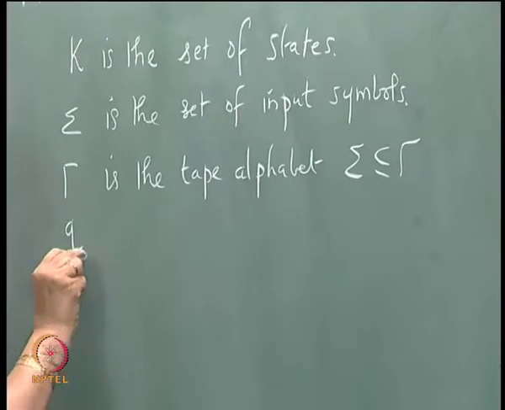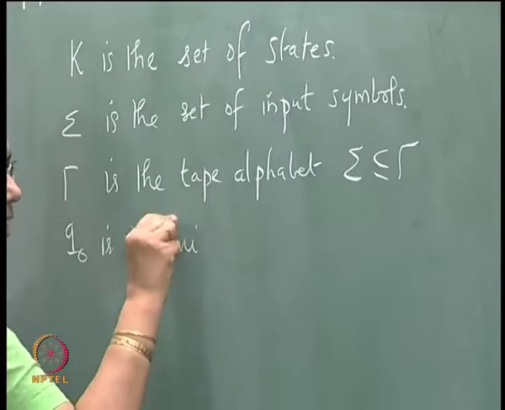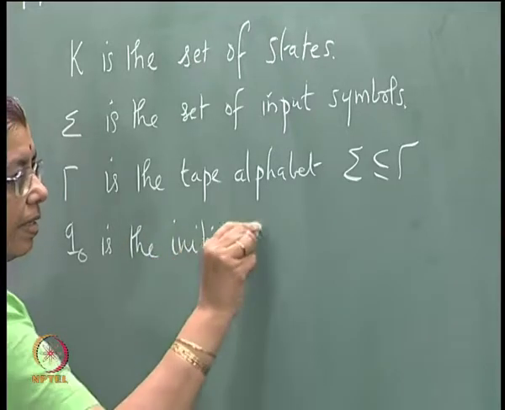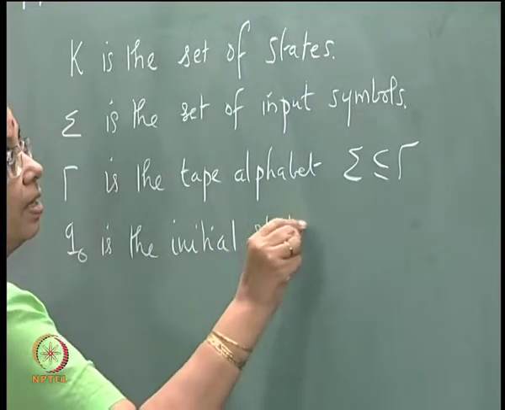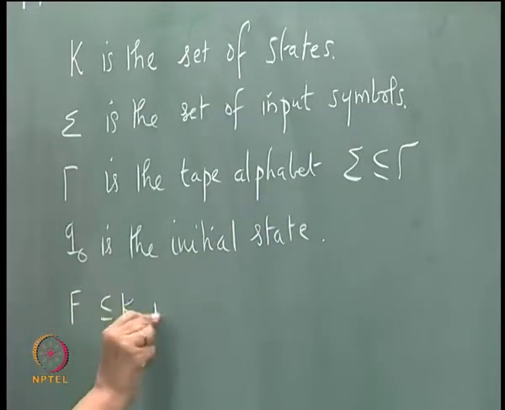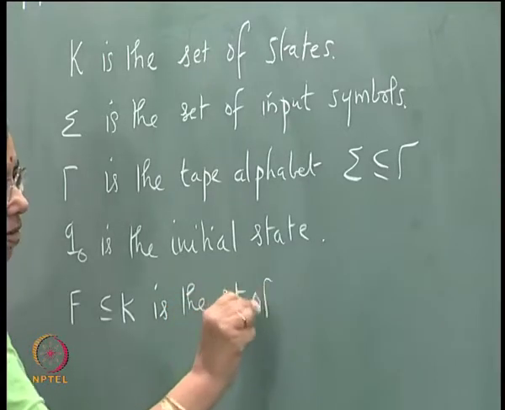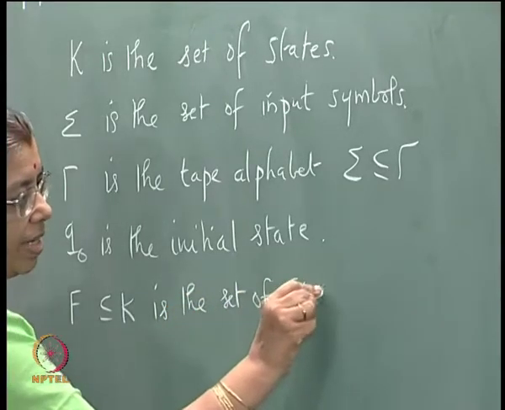q naught is the initial state, F contained in K is the set of final states.